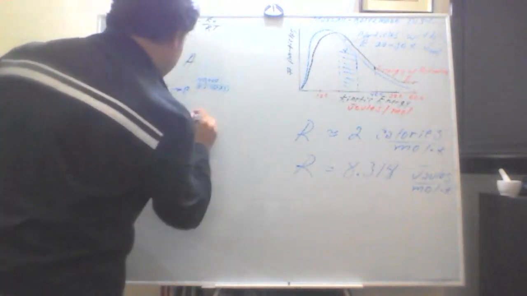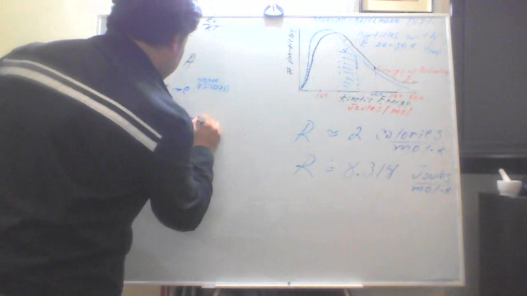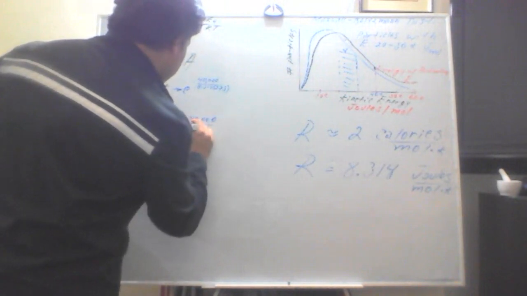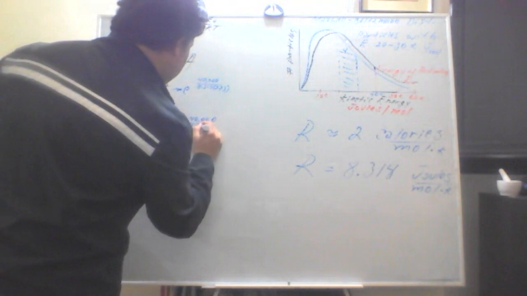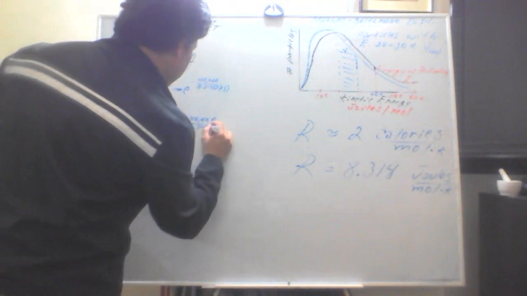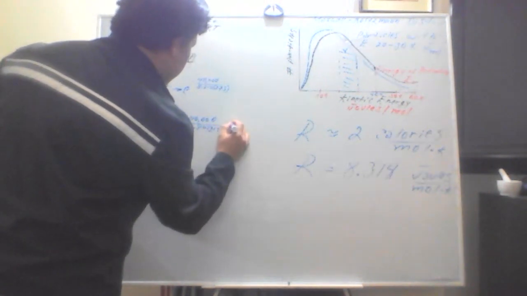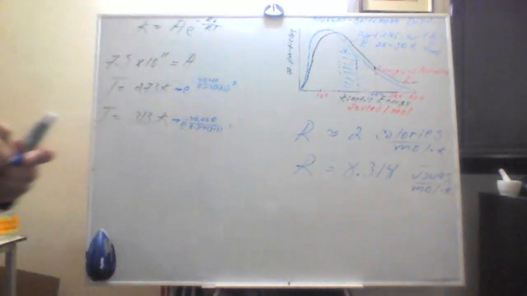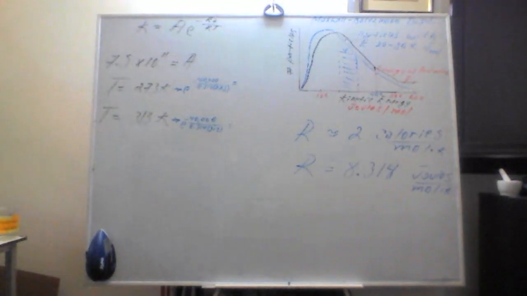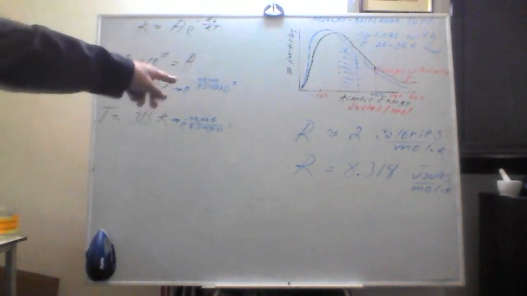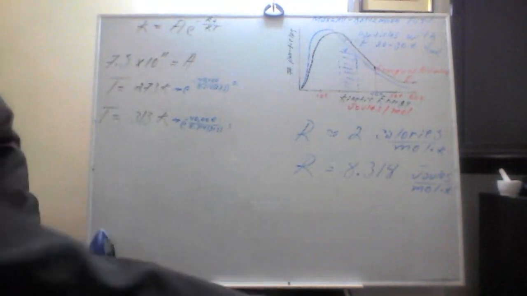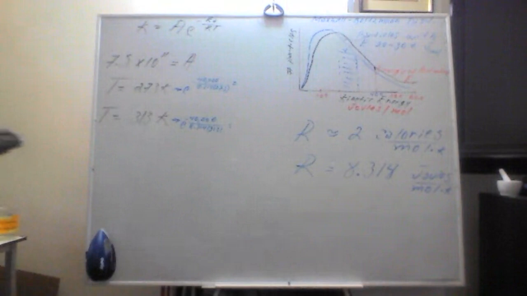So we got 40,000, 8.314 times 313. And whatever number you get there is going to multiply that number, and that is going to give you an idea of how the reaction rate changes. So this is the first one.